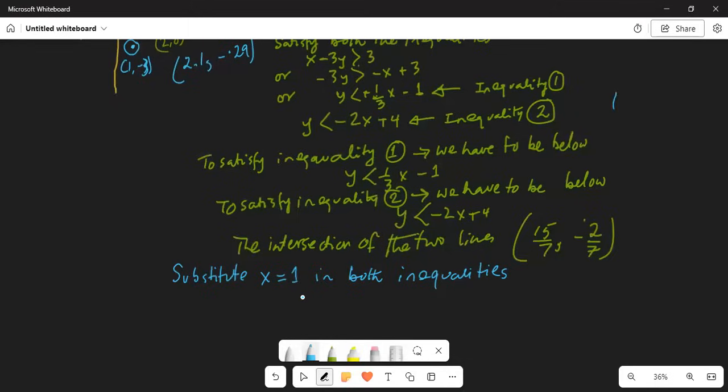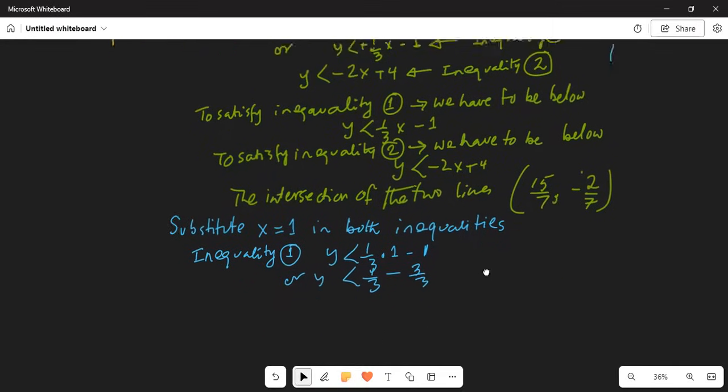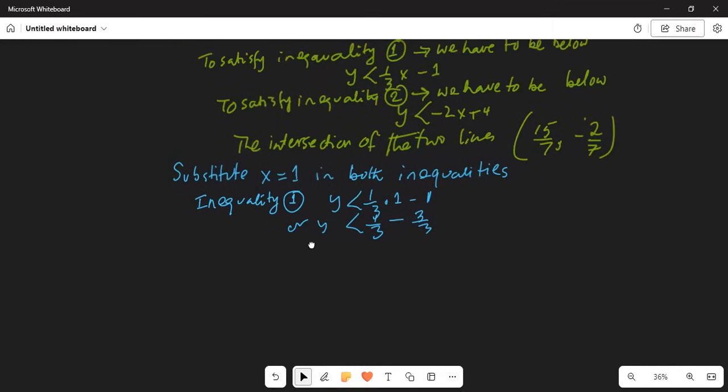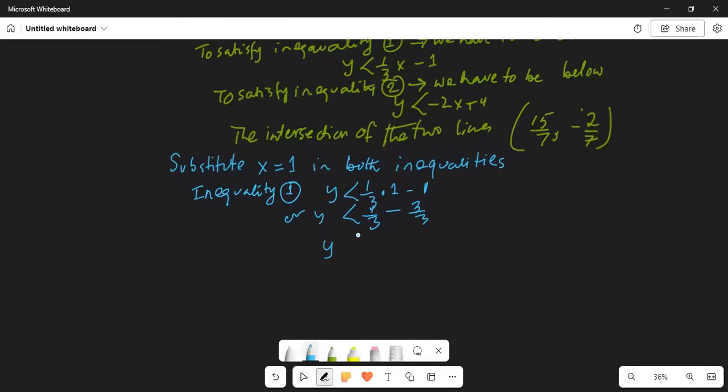In inequality 1, y is less than 1/3 times 1 minus 1, which is 1/3 minus 3 over 3, so y is less than minus 2/3.